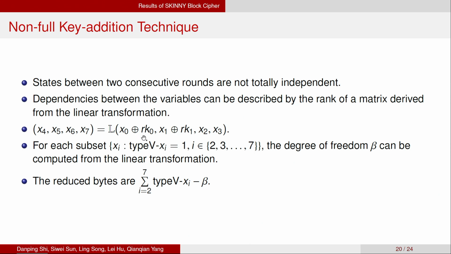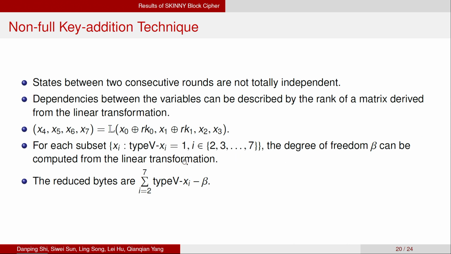And the internal parameters where type V equals 1 should be considered. For each variable in the subset, the variable can be expressed in the form of x4 to x7. Then the rank of the coefficient matrix is the degree of freedom of this subset.